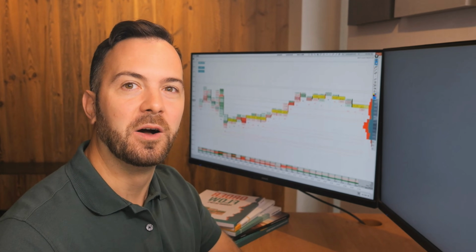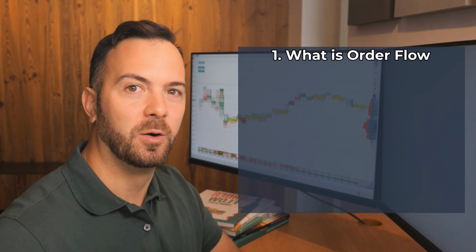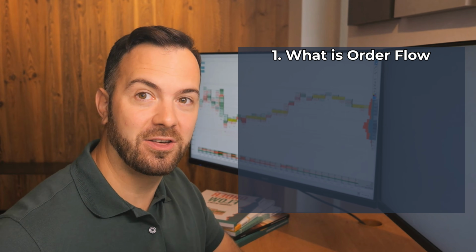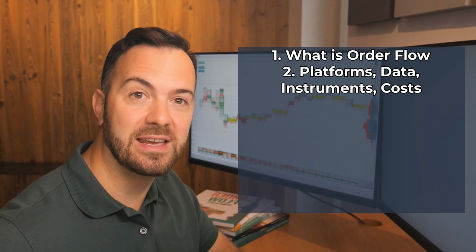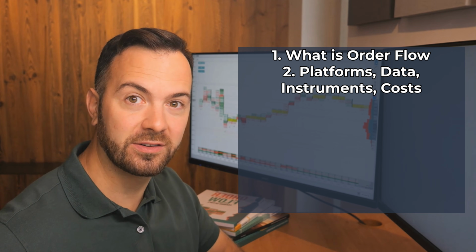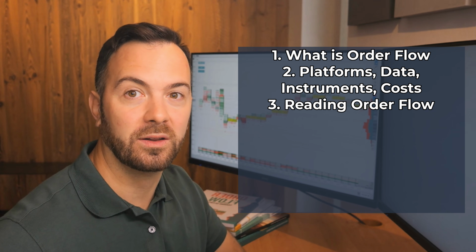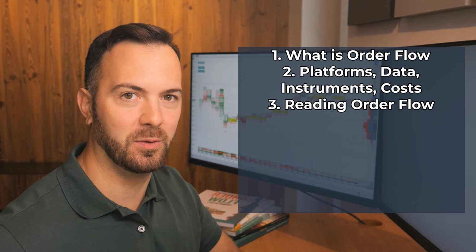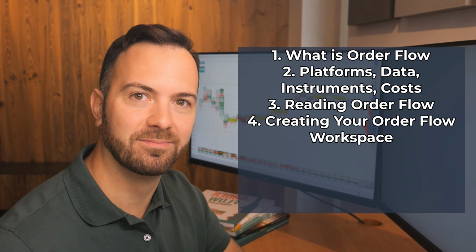So today we are going to cover a full journey through order flow. First, we will look at what order flow actually is. Then we will go over the platforms, data, instruments and costs that you need to get started. After that, we'll get into how to read order flow and then how to create your own order flow workspace.